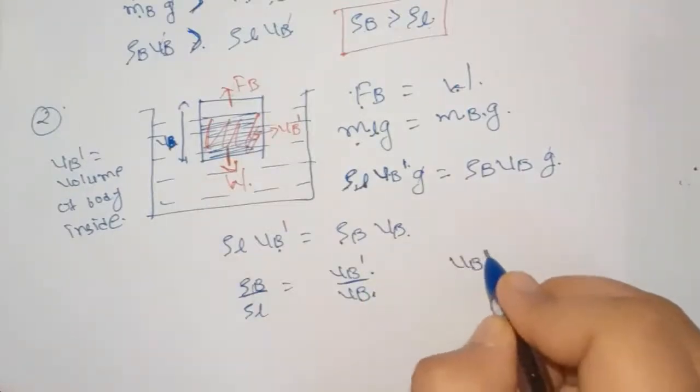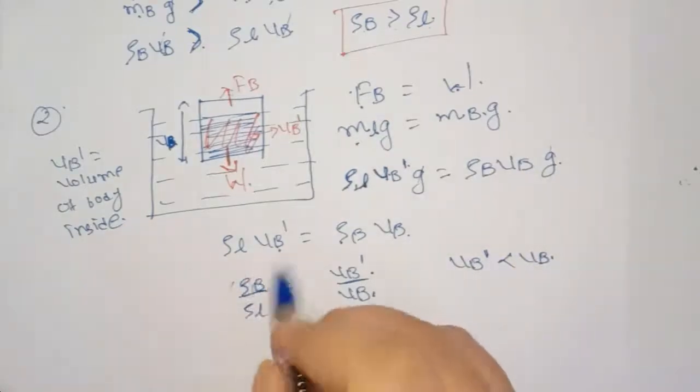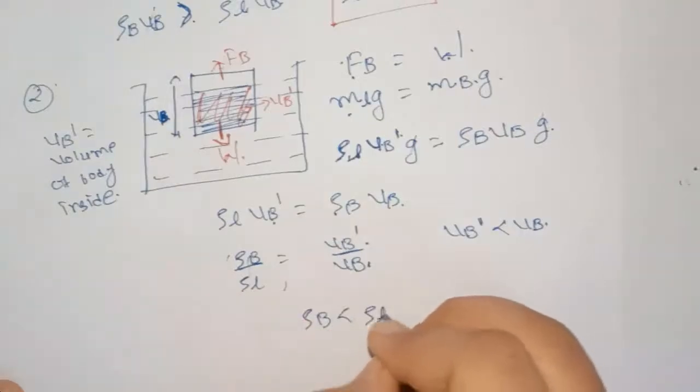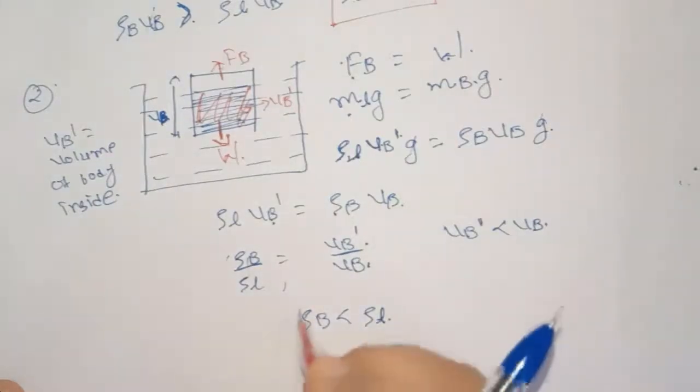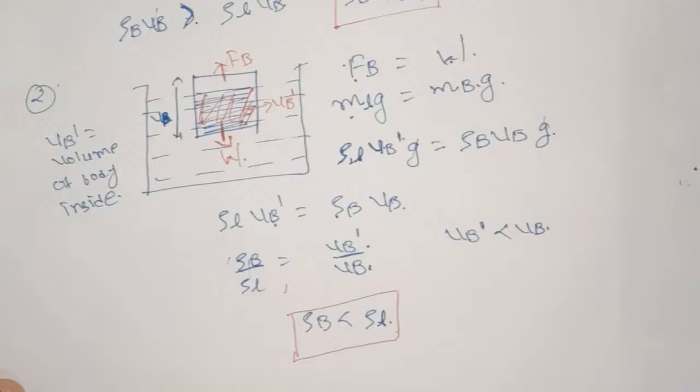So clearly VB dash is less than VB. So we can write density of body is less than density of liquid. Whenever density of body is less than density of liquid, the body will partially float.